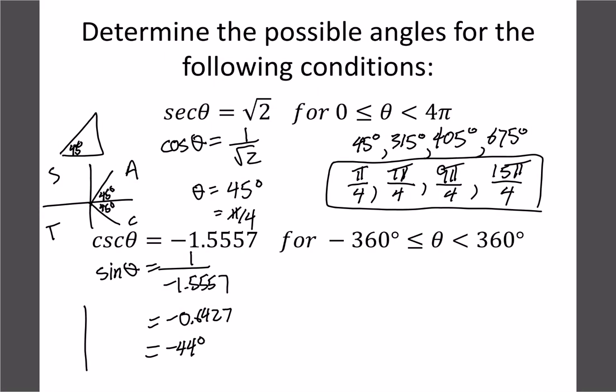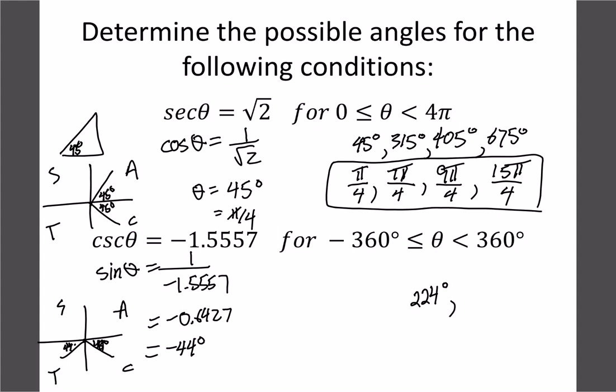So once again, let's use our CAST rule. Negative 44 would be in that quadrant there. And using the CAST rule, if sine is negative there, it's also negative in this one, so we'd have 44 there as well. So our angles, if we do it in the positive direction, let's do that first. We'd have 180 plus 44, which would be 224.